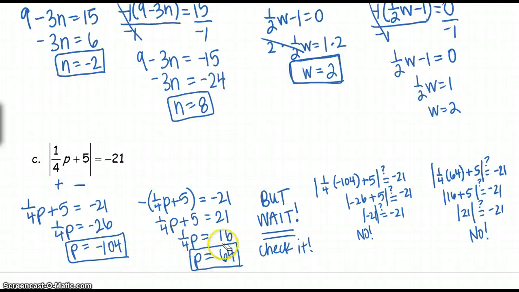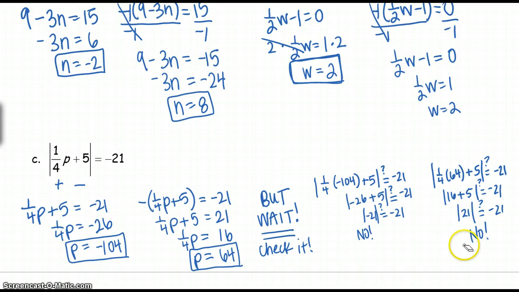But here's the problem. When we don't check our answers, sometimes we write down the wrong answer. Look, I checked it. When I substitute these two values in, first I did negative 104. The absolute value of negative 21 is not equal to negative 21 because absolute value is always positive. And the same with the 64. When I substituted it in over here and worked it out, the absolute value of 21 is not negative 21 because the absolute value of something is always positive.